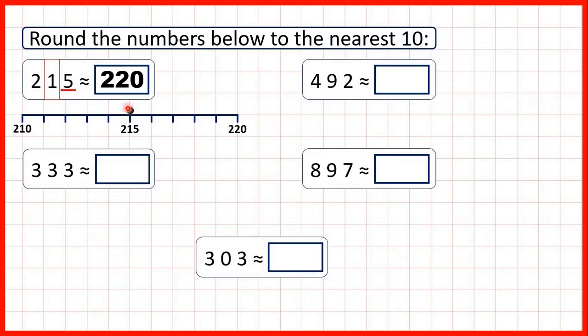Now 215 is right in the middle of 210 and 220, but if it's right in the middle, when we're rounding, we always round up.